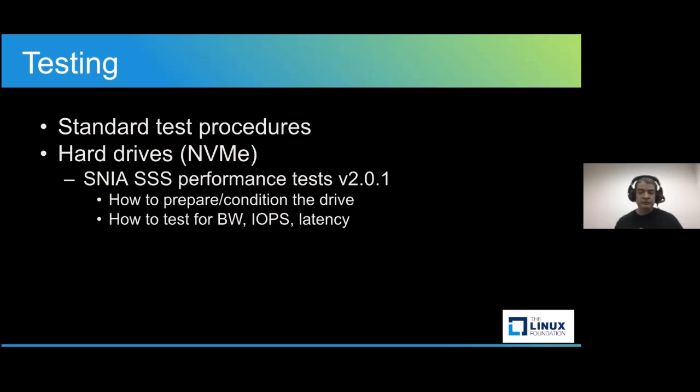This standard also defines which tests to perform. Specifically, we're talking about bandwidth, IOPS, IO operations per second, and latency, and each of them has specific read-write ratios and block sizes.